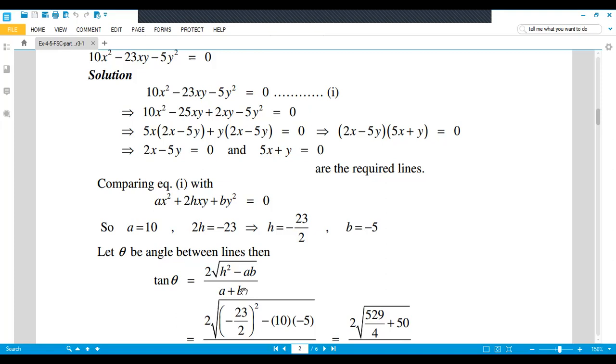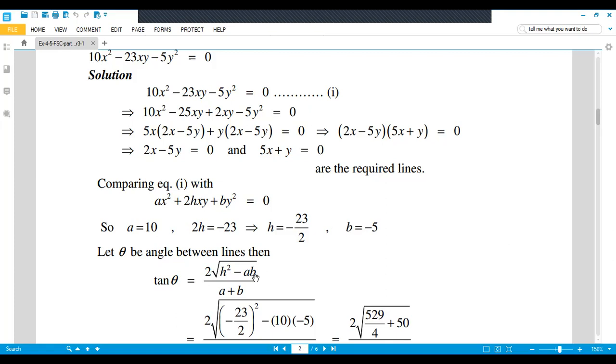First of all, from the homogeneous equation you factorize it and you get the two equations of line, and after that the original equation you compare with the general form ax square plus 2hxy plus by square. A is the coefficient of x square, 2h is the coefficient of xy and b is the coefficient of y square. So then you use this formula, you will memorize this formula.